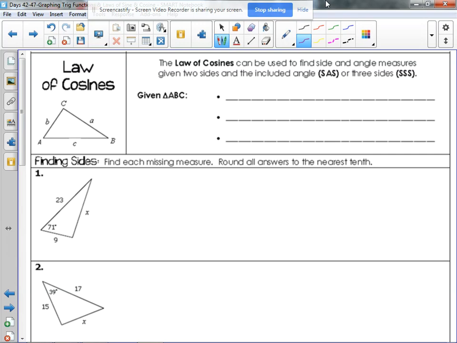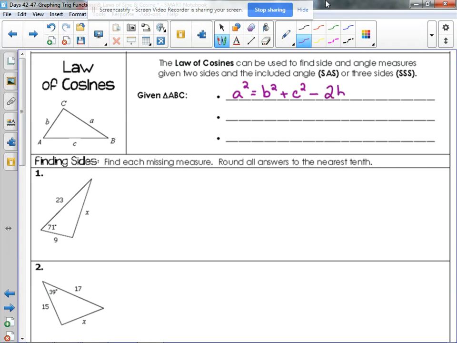So similar to the law of sines in that we can pick different pieces, here is what the law of cosines looks like. It starts out looking like the Pythagorean theorem. A squared is equal to b squared plus c squared. I kind of mixed up the letters there. Okay, but then it's got this extra stuff to it.